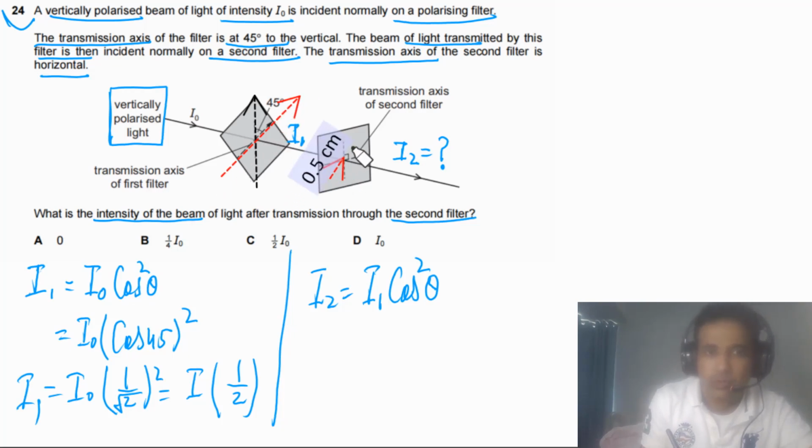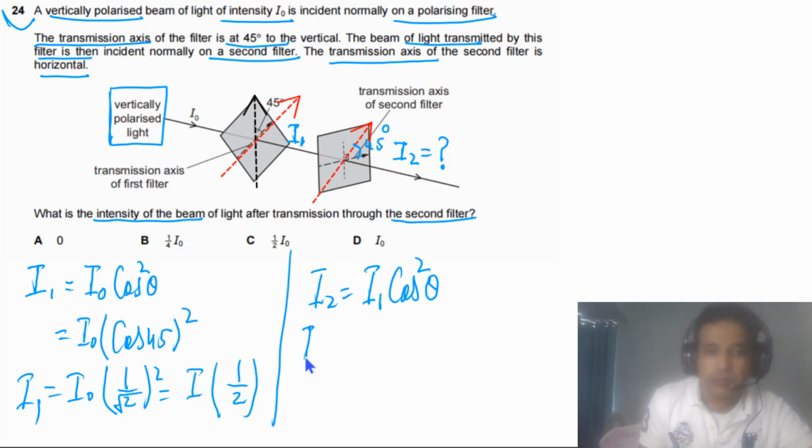So we can draw this component here. This is our incident light now, and our transmission axis is horizontal. The angle between this incident light and the transmission axis is again 45 degrees.